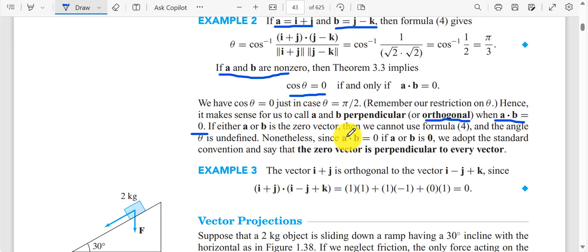because the angle theta is undefined. Nonetheless, A dot B will still be equal to 0 in that case, because if one of them is 0, then the dot product will be 0.